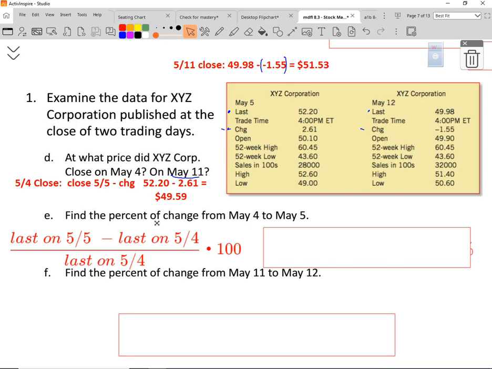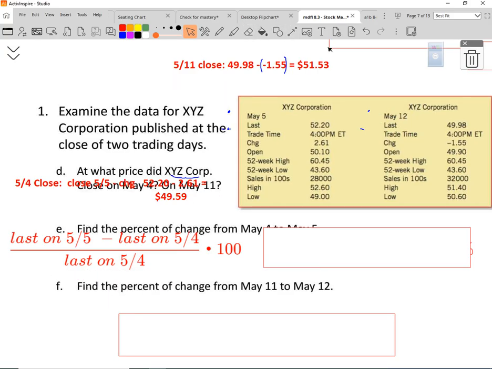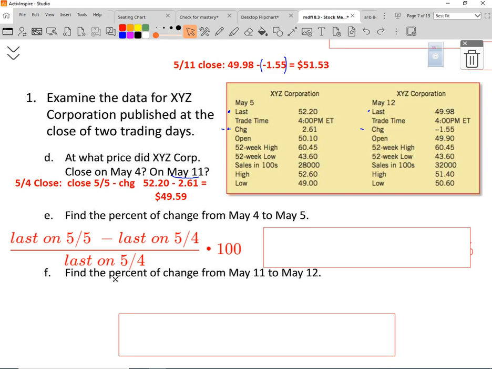So you could do new minus original or original minus new. That part didn't matter so much, but you always have to divide by the oldest date. This is the part that kids mess up on. They'll put the wrong number on the bottom. So you're always putting the earliest date on the bottom, the original date.